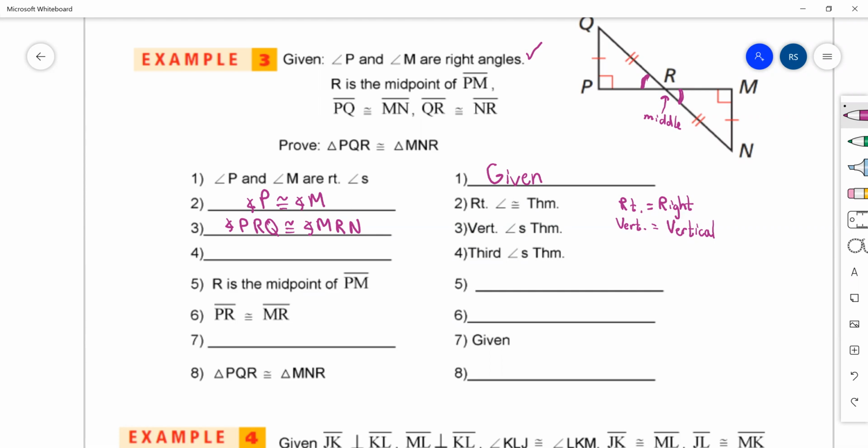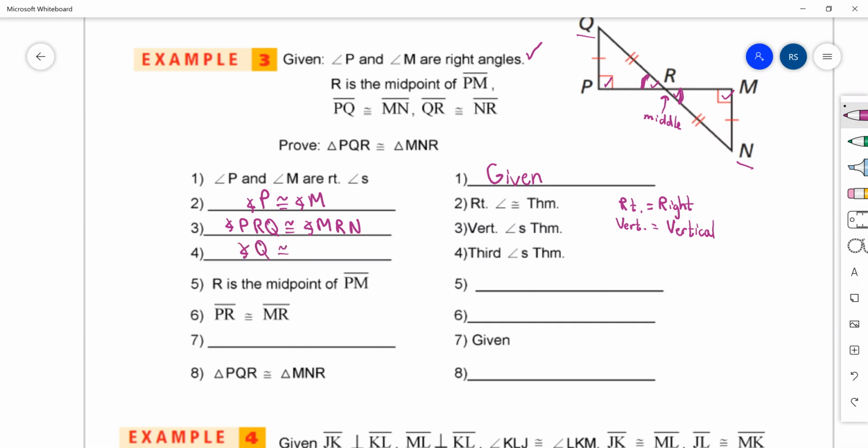Number 4, the reason is the third angles theorem, which we learned on the first day, Unit 4, Day 1, which says, okay, I've proved two are congruent, so that means the third has to be. We've talked about P, we've talked about R, talked about that one, talked about that one. The only ones I haven't mentioned are Q and N. So those two must be congruent.